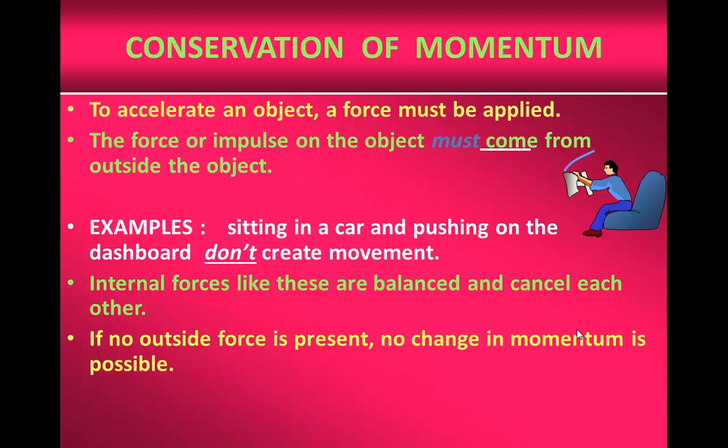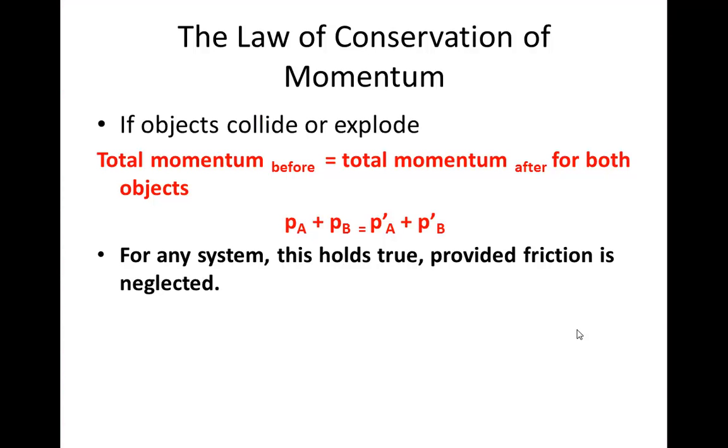And if there is no other outside force present in the system, then the momentum of that object will remain the same. Now let's take a look at two objects that are interacting. For the law of conservation of momentum to be applied, normally the situation is during collision or explosion.